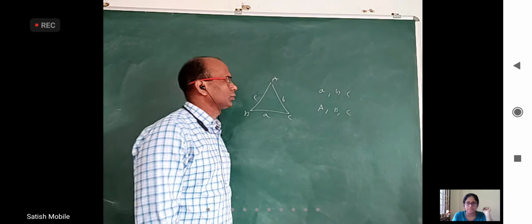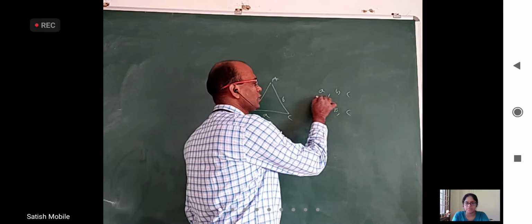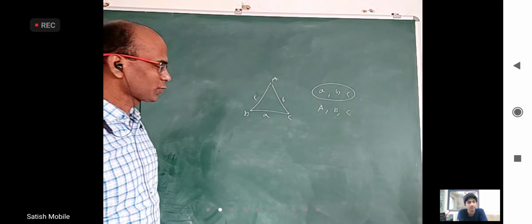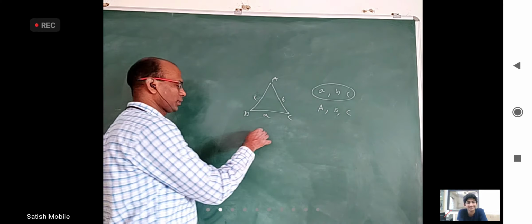Now if they give only sides and ask for angles, can we find them? Yeah, we can use cosine rule and find. Let me ask one question. In our Mains material, I wanted to give a question like this. Somehow I did not give it before the printing.